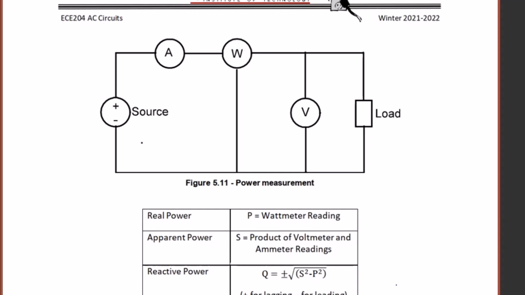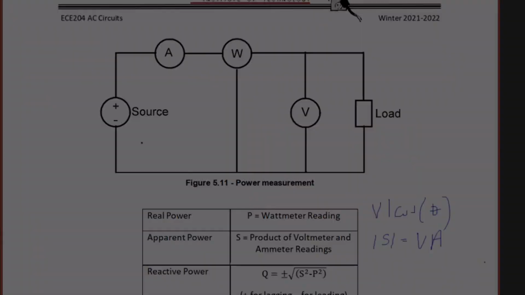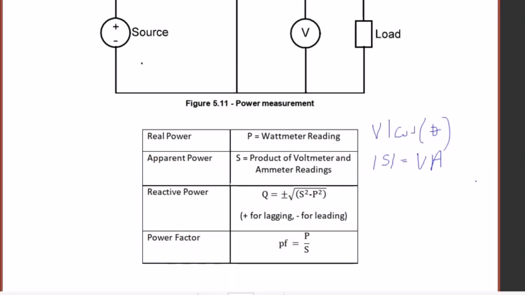Okay, so I haven't written on this thing in a long time, so let's see if this is actually going to work. So that means the magnitude of S is just volts times amps. And then we know that the real power is just the wattmeter reading, because that's the same as VI times the cosine of theta, where we know theta is theta V minus theta I. So then the reactive power is the square root of S squared minus P squared.